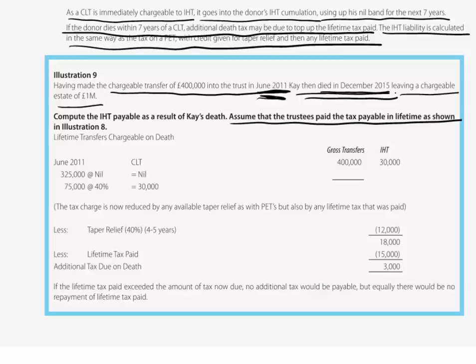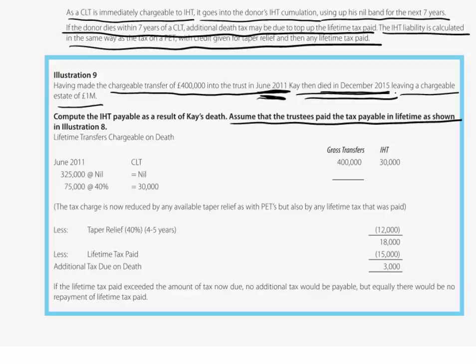Did she die within 3 years of the date of the lifetime gift? No. June 11, she survived to December 15. She survived for more than 3, but of course not the required 7 years to remove any further tax charge from being payable. So what it means is that in relation to the tax charge, taper relief will be available.